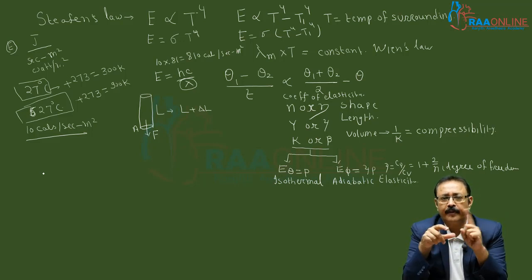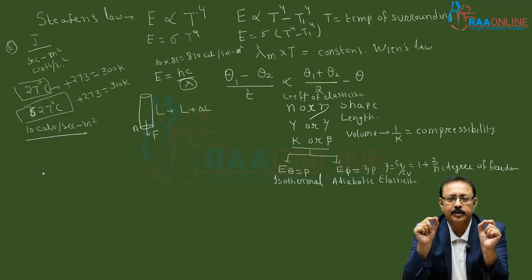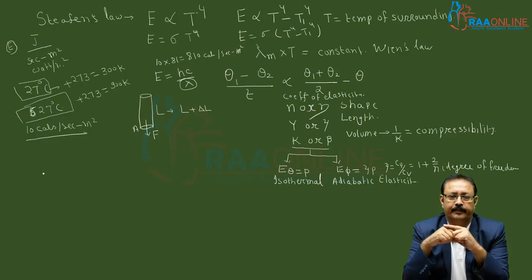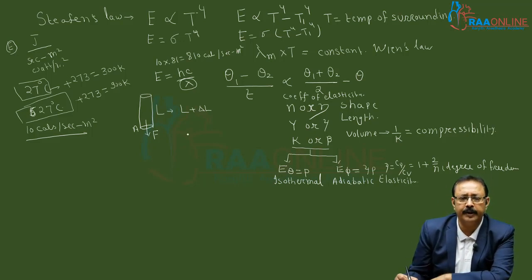When I remove my force, it will go back, but after a certain limit the change will be permanent. That limit is known as elastic limit. So within the elastic limit, that internal reaction is equal to your applied force, and that internal reaction per unit area is known as stress.